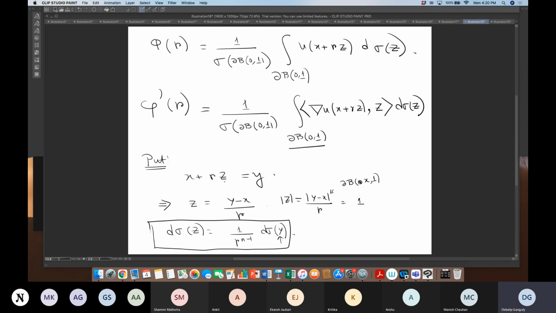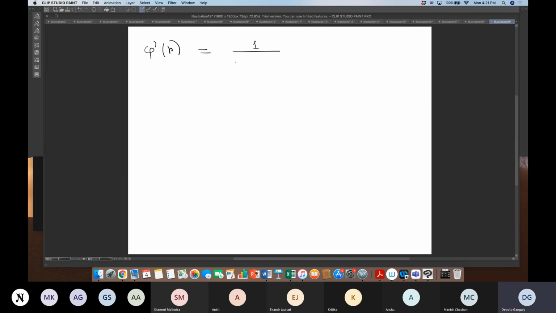On the surface of radius 1 and center x. Yes, good. So that will be del B(x, 1), radius is 1, right?